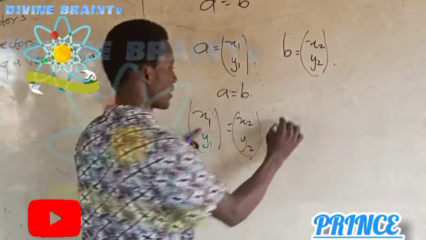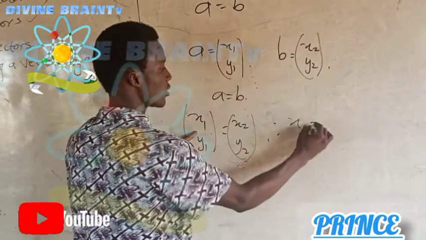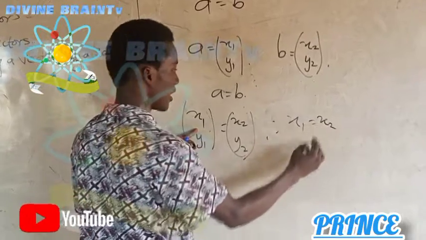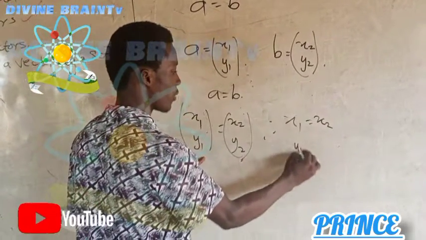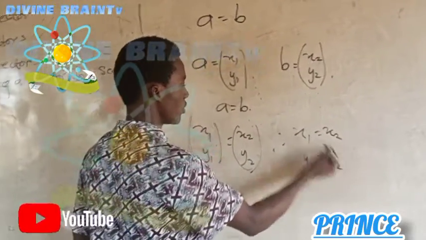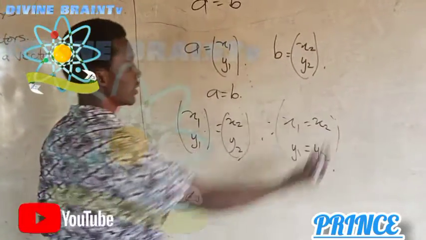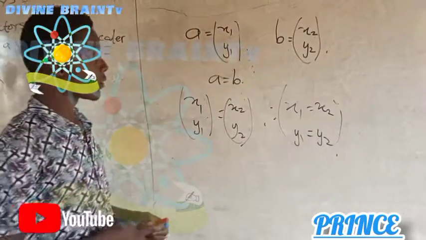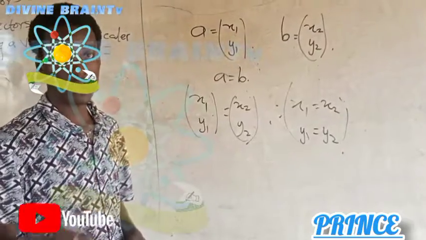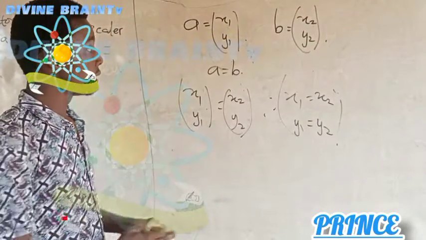Therefore, x1 is equal to x2, and y1 is equal to y2. So this is the whole of equality of vectors. Let's solve one example and then let's run.